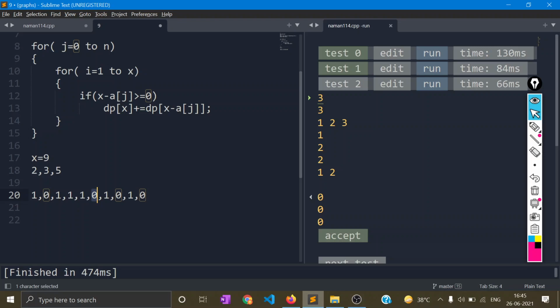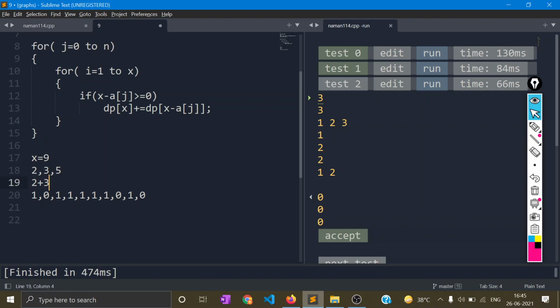Now I can see that when x minus aj, so 5 minus 3 would be 2. So our dp2 is currently 1, right? So I would change it to 1, right? So now I have just one way to fill it, but we know that there are two ways. But for now, we have only one way, 2 plus 3, because we haven't considered 5 only.